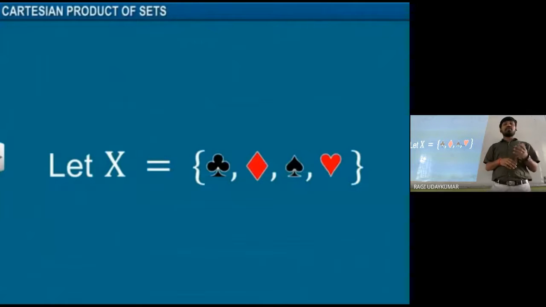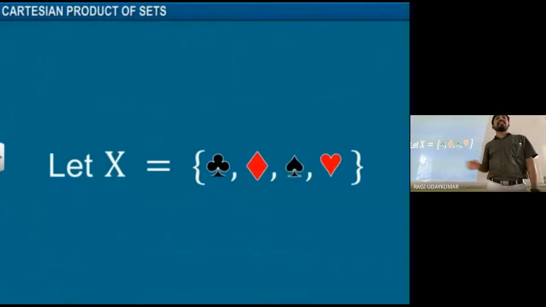In 10th class probability, I told you this. This is club, this is diamond, this is spade, and this is heart. Four different symbols are usually there in playing cards.